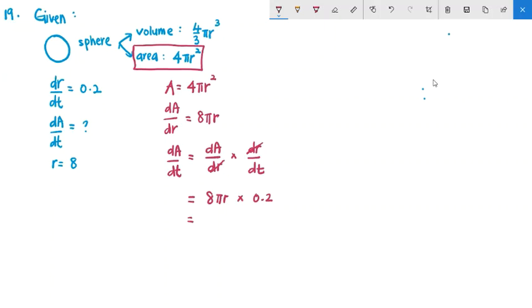Okay, 8 pi times 8 times 0.2 is equal to 64 pi times 0.2 is equal to 12.8 pi. Get it?